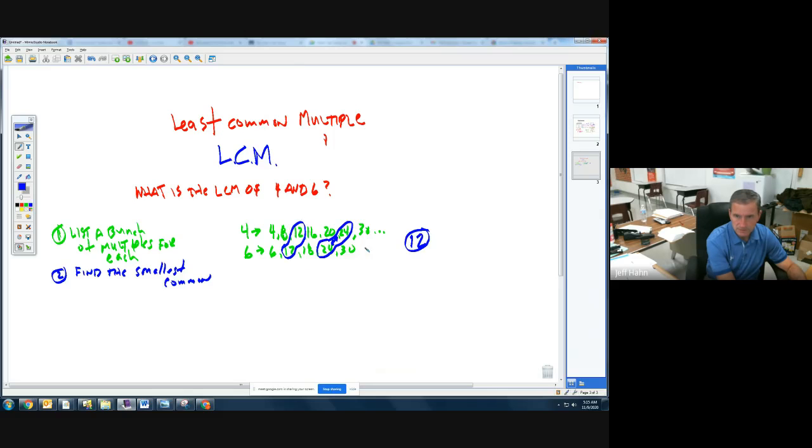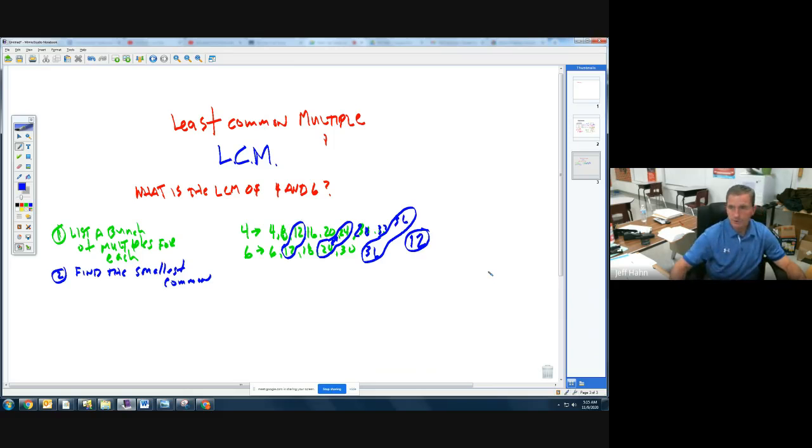Multiples of 4 continue 28, 32, and then 36. So the first 3 common multiples would be 12, 24, and 36.